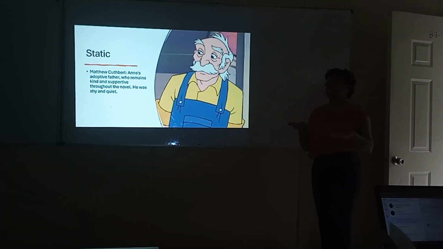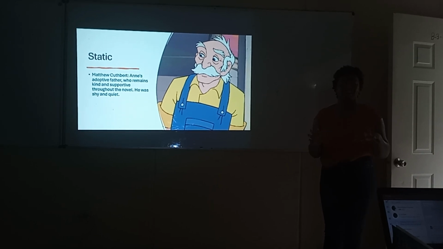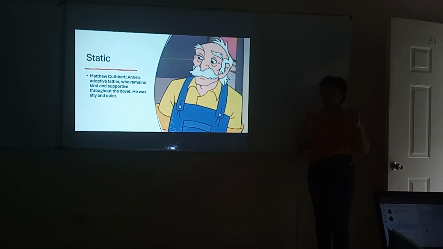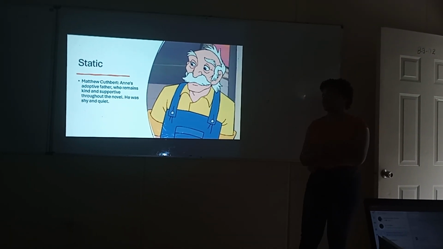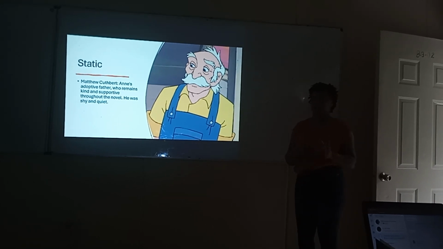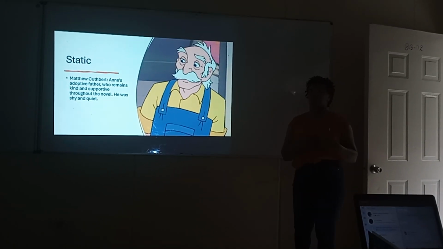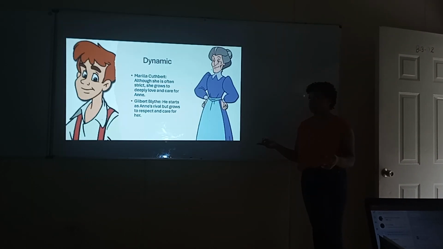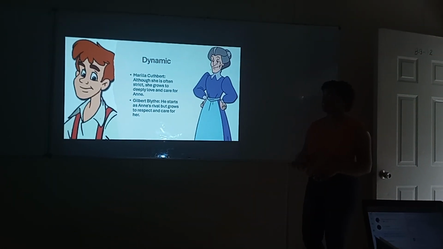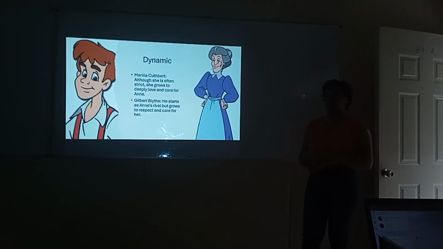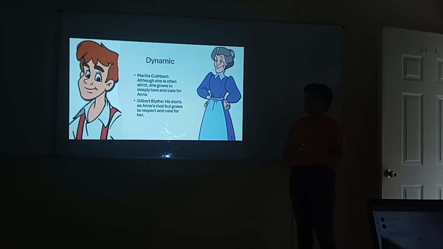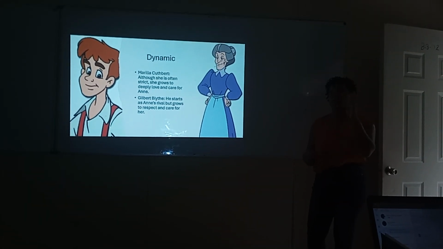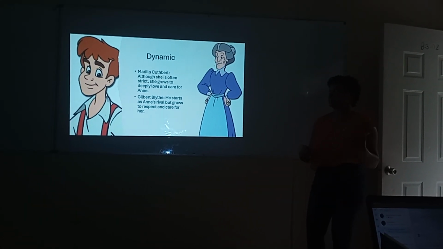Then we continue with the static characters, the characters that are good from the beginning to the end, that is Matthew Cuthbert, Anne's adoptive father, who remains kind and supportive to Anne in all the novel. Then we have the dynamic characters. Those characters were bad, but then later on they changed to be good.